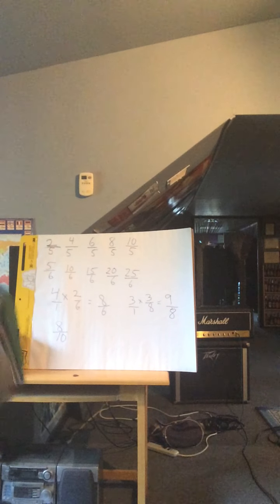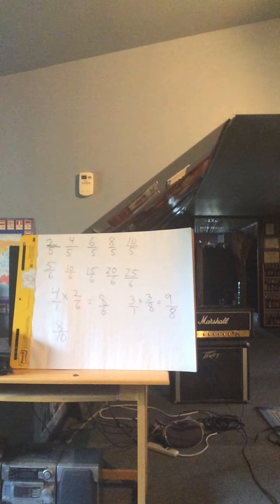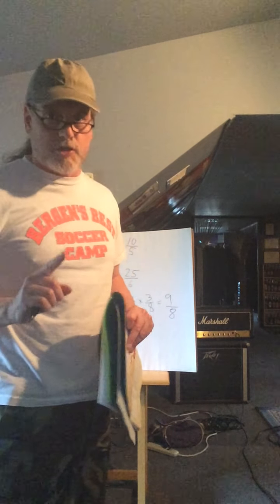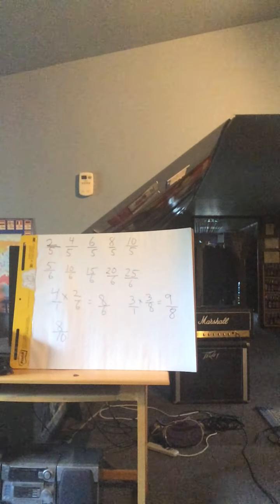Well, take a look at our denominator. It's 10. Our numerator is 8. So if we look at this as unit fractions, and remember, unit fractions always start out with a 1 on top.